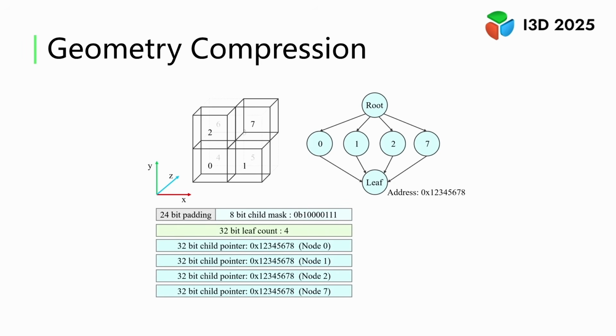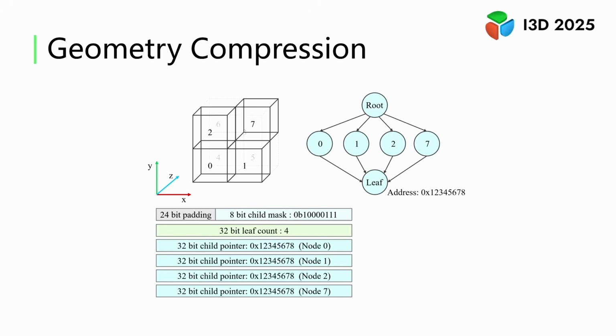For the compression of geometric data, we employ a method similar to SVDAG, which involves merging isomorphic subtrees of the sparse voxel octree to form the DAG. A node in the DAG is represented using 8 to 40 bytes. The first 4 bytes of each node's data contain a 32-bit head node, where the lowest 8 bits represent a child mask that indicates the presence of corresponding child nodes.